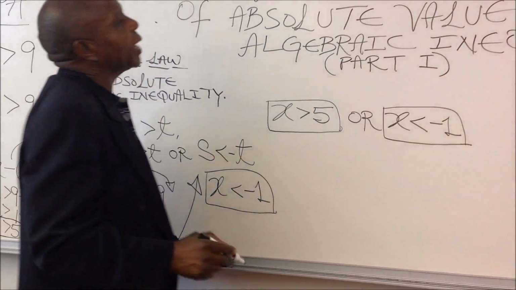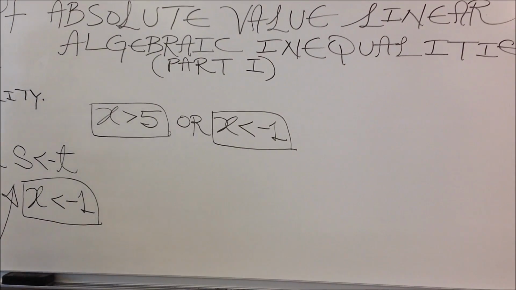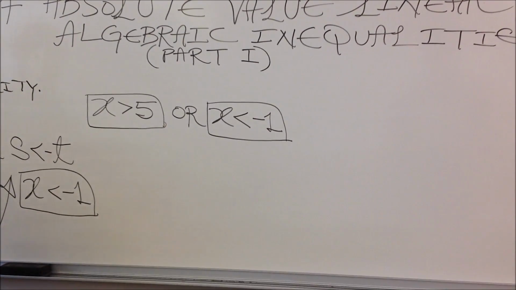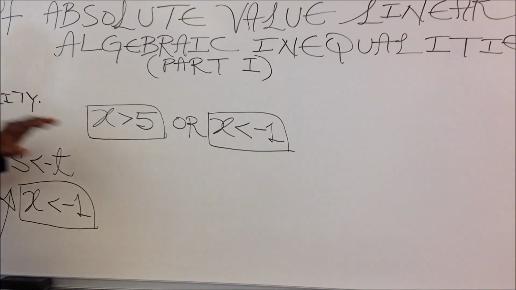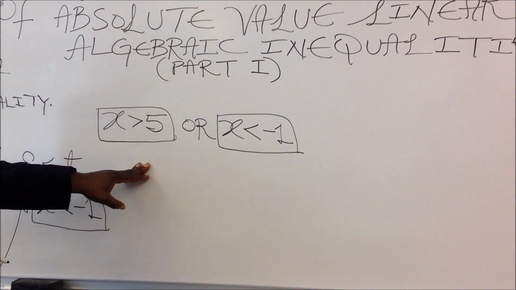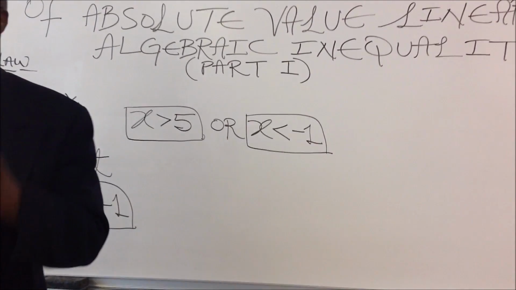So what will be our next step in this strategic problem solving process? Our next step will be to graph the solution that we have just obtained on a real number line.